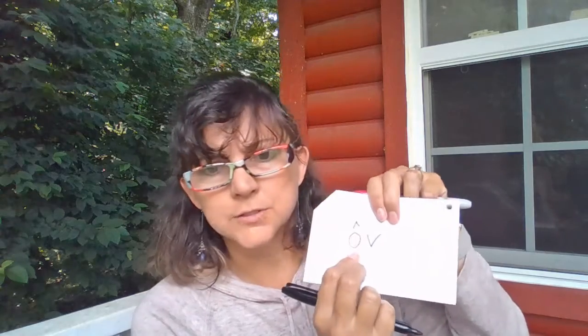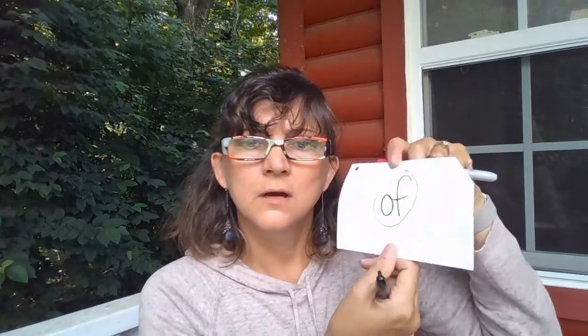Again, there are different ways to write this, but I write it with the caret so we know it's a thinking sound. V, of. Let's say it together. Of. Look at your card. Of. Very nice.